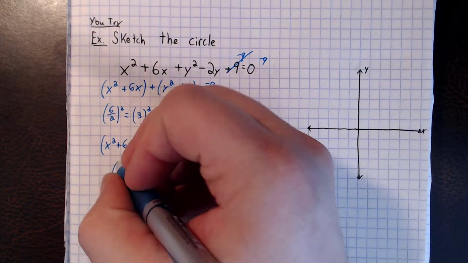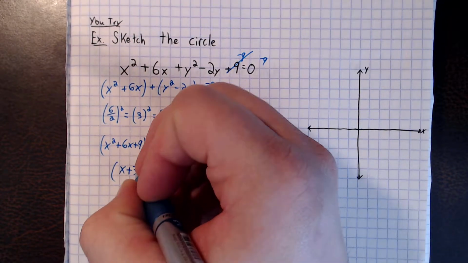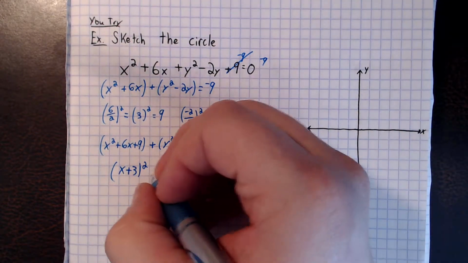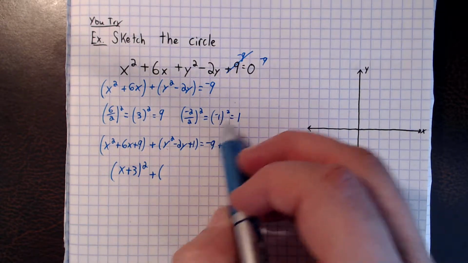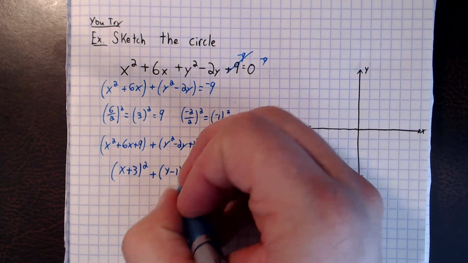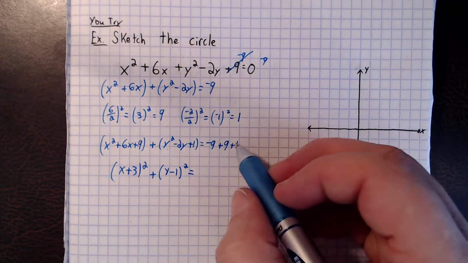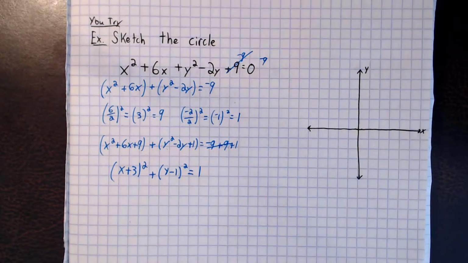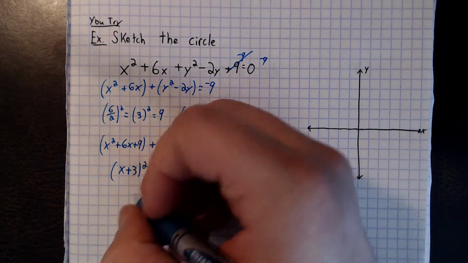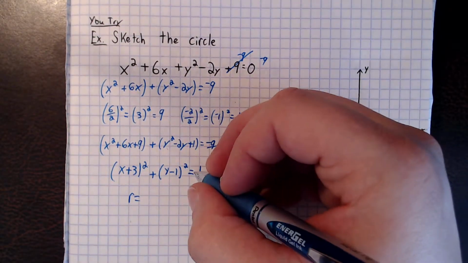This is now going to reduce to x plus 3 squared plus y minus 1, right? That's our term there. And then the negative 9 and positive 9 cancel out, and we're left with 1 on this side. This is going to be a smaller circle, right? Take the square root.